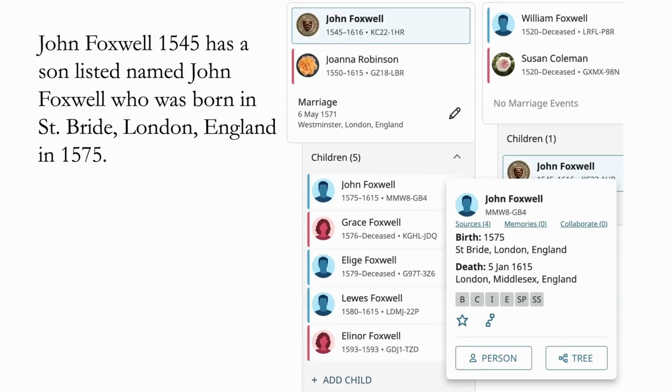But when we look at the list, the 1575 John Foxwell, who is the son of the one that we were looking at previously, is not the one that's on that source record, because this guy was born in St. Bride and he died in London and doesn't even have a christening date. So this is the one that's actually there.